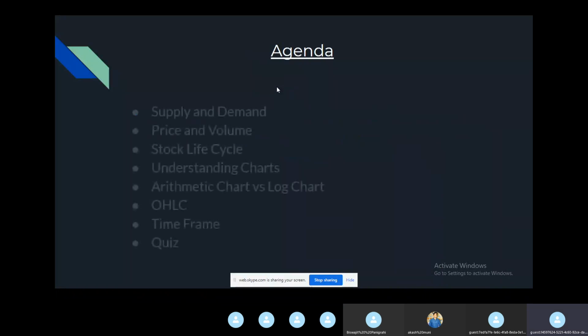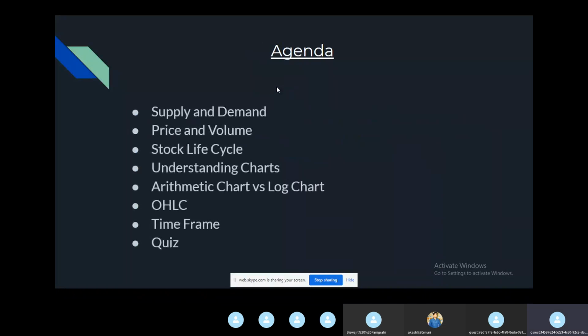So today's agenda will be supply and demand, the price and volume. We will see through the charts. We'll go through the stock life cycle, which is very important. We'll try to understand how to read the chart.